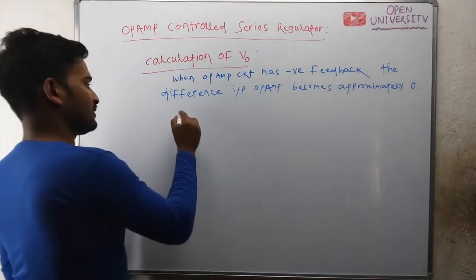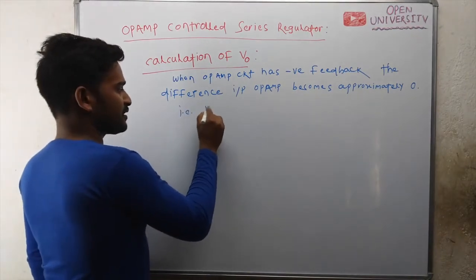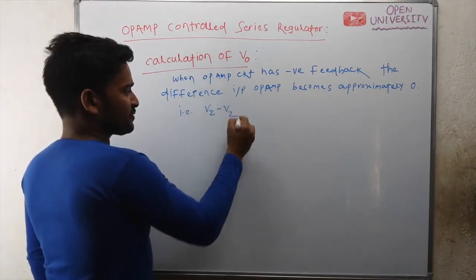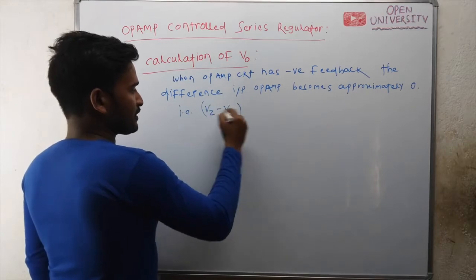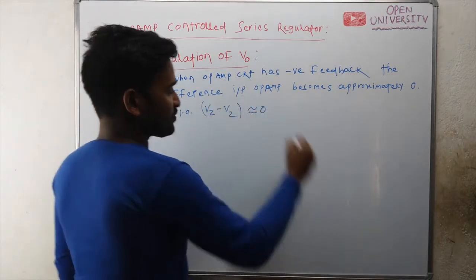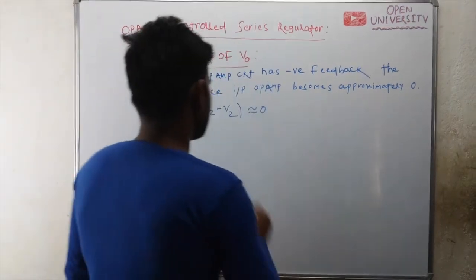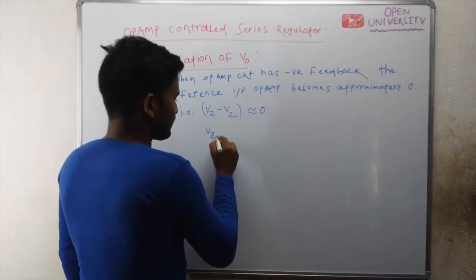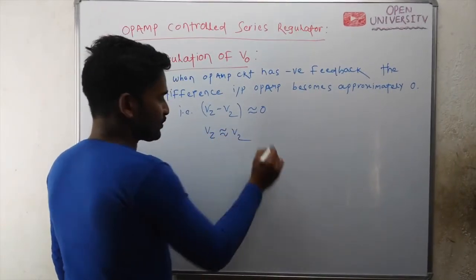That is, the difference input to the op-amp is Vz minus V2, and this net input becomes approximately 0. So you can say Vz is approximately equal to V2.